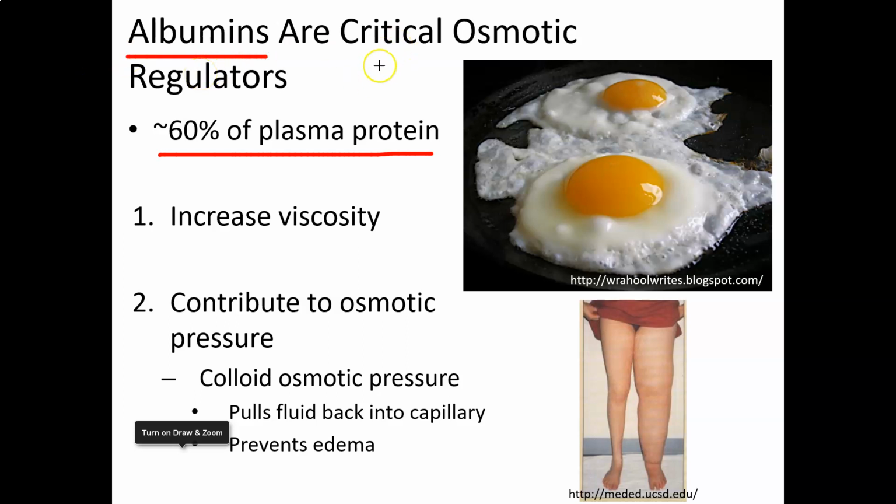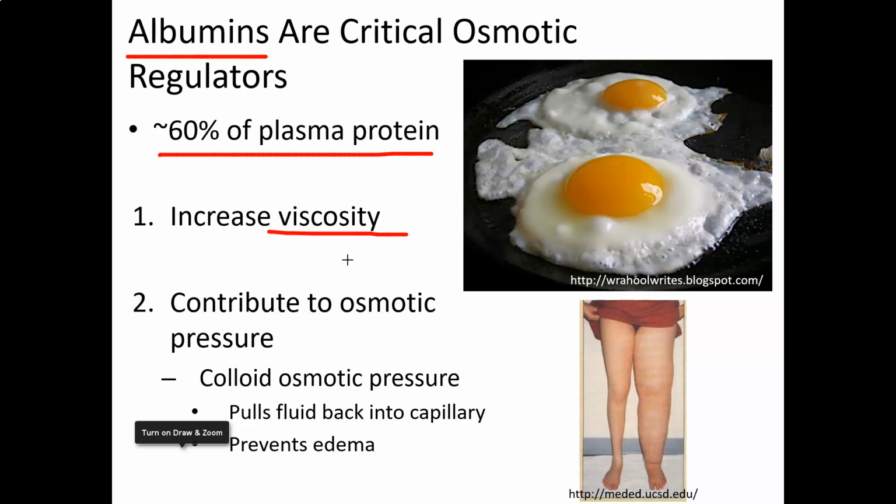And they're critical for a number of reasons, but one is they're very important in terms of the osmotic regulation of blood as well as the viscosity of blood. So we said that viscosity increases the thickness, right? So viscosity sort of measures thickness. So the albumins help to play a role. There are other things that increase viscosity of blood.